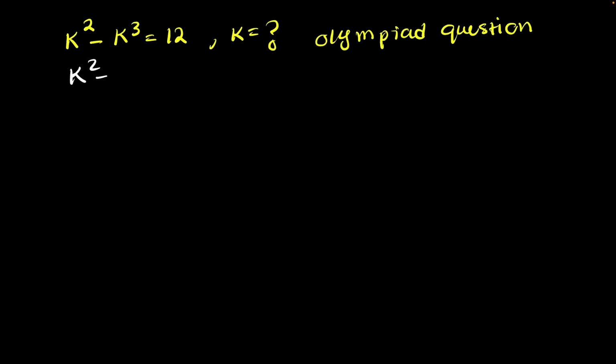k square minus k cube, bring 12 to the other side of the equation: minus 12 equal to 0. So let's organize it a little bit. Multiply by -1, the k cube becomes positive: k cube minus k square plus 12 equal to 0.